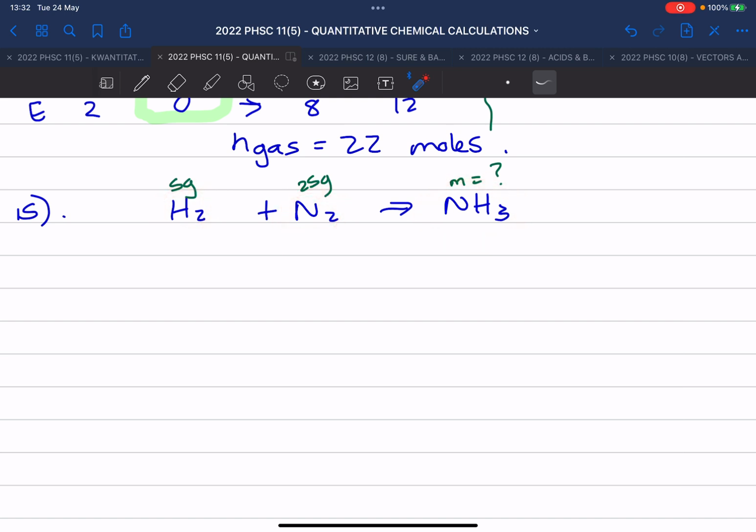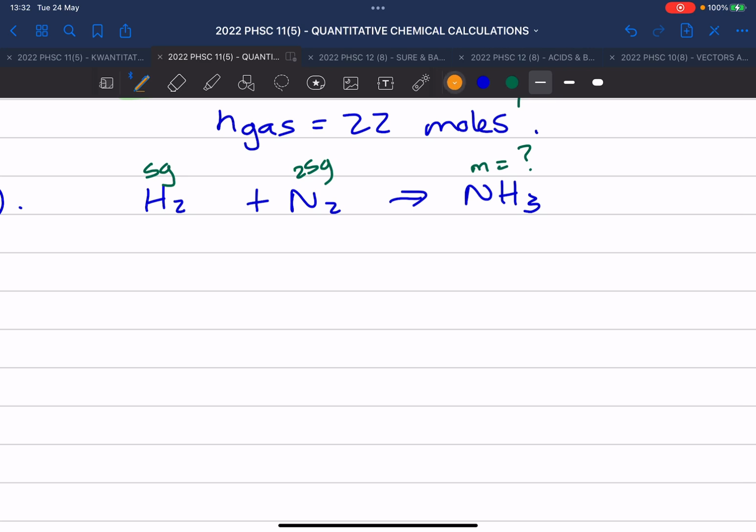Tawana, is this equation balanced? What do we need to do? Good.